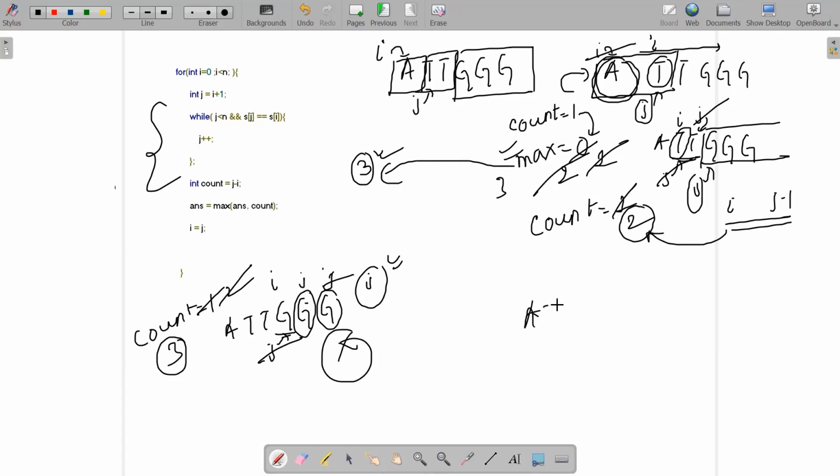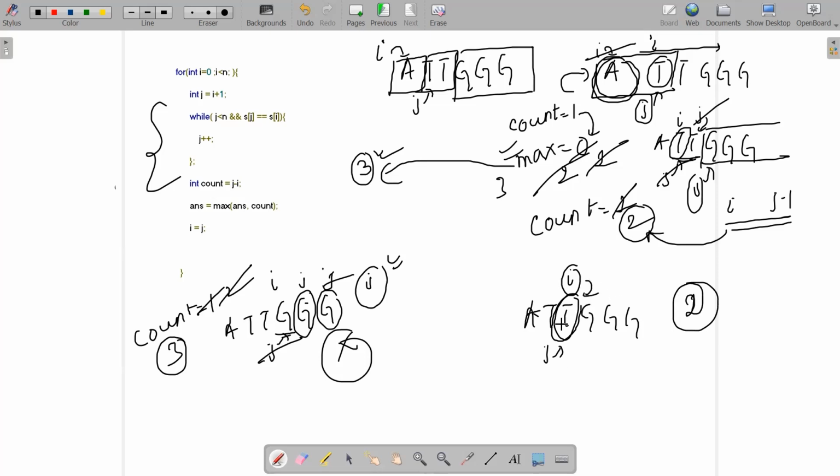Because any of the characters, in the worst case, can be visited by both the ith pointer and the jth pointer. So at most, any character can be visited by the 2 pointers, not more than twice. Correct?